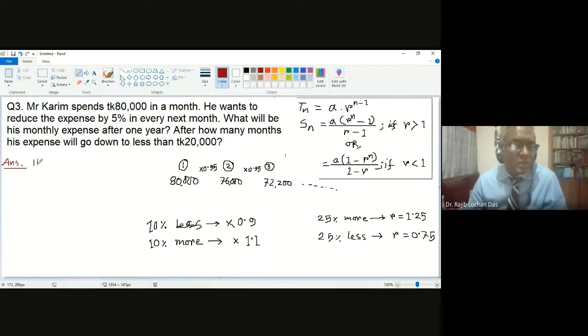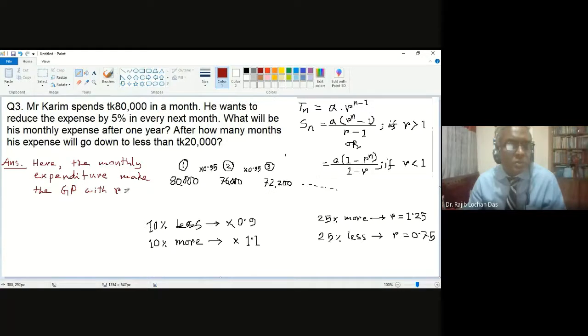So you will write: here the monthly expenditure makes the GP with R equal to 0.95.